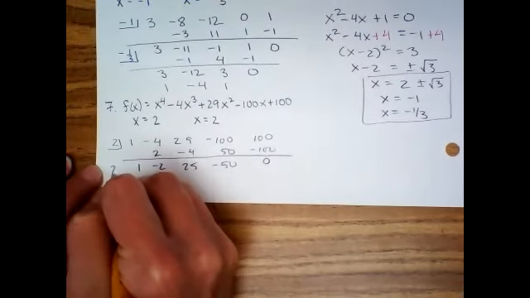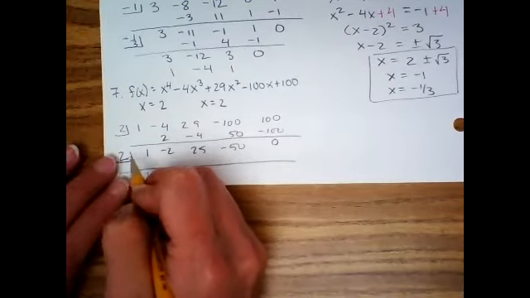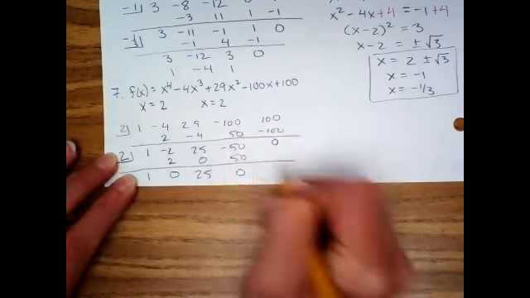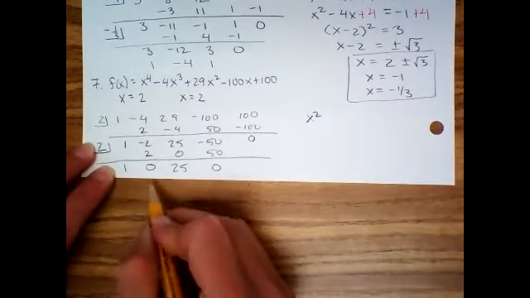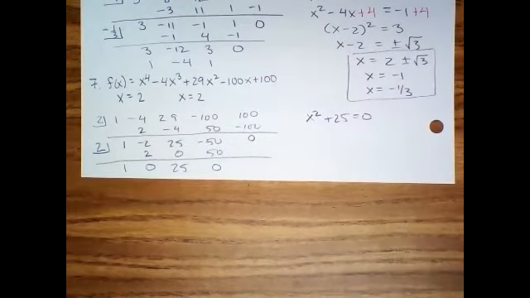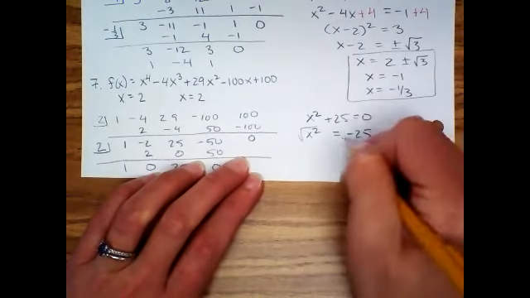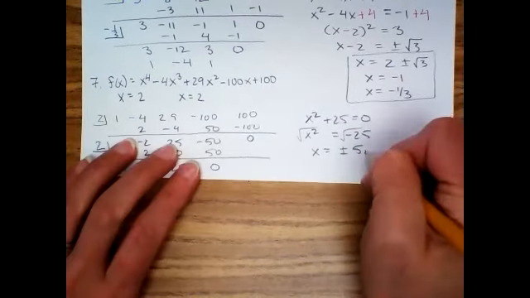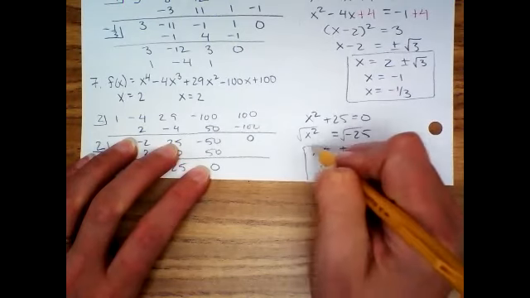And then 2 again. I didn't have you graph this, but if you were to graph it, what would happen at 2? It would bounce. All right, so we're going to start with x squared. It's 1x squared plus no x's plus 25. What would you do to both sides? Subtract 25, square root, you will get plus and minus 5i. And then also 2, and then also 2. You do have to write that twice.